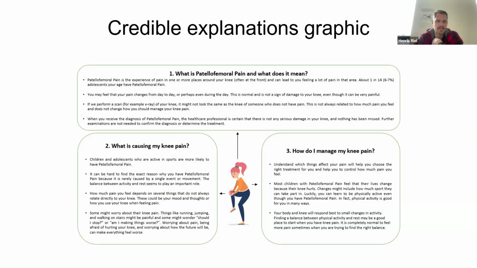Well, I think I can answer that one. Based on our research when developing these credible explanations, because we developed them for the specific diagnoses, what we found was that Osgood-Schlatter disease is the more common of the two, but those with Osgood-Schlatter disease seem to have a better prognosis compared to the adolescents with patellofemoral pain.